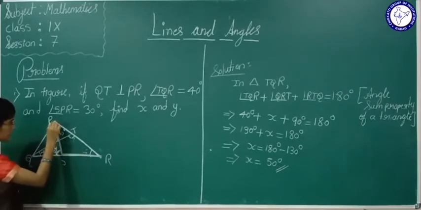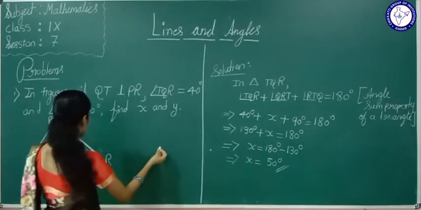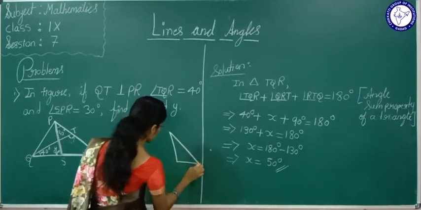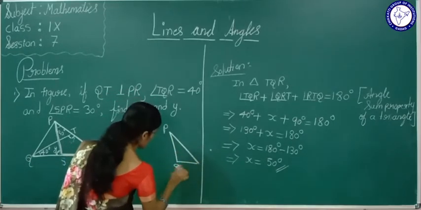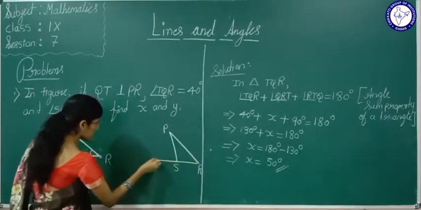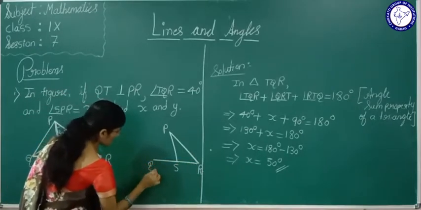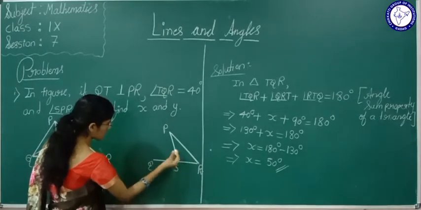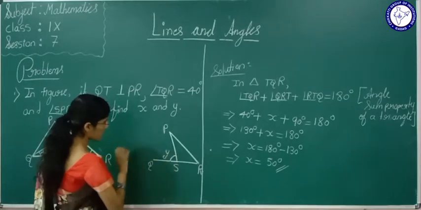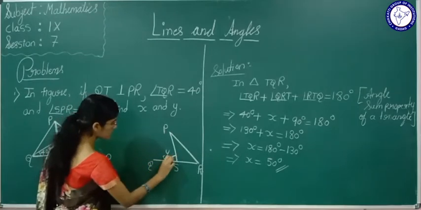Once more I will tell here. This is one triangle, PSR. For this triangle, one side is produced. This is an exterior angle, which I will name 1. For triangle PRS, the exterior angle is 1.